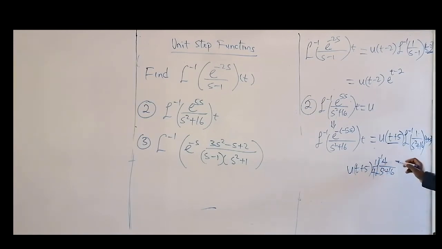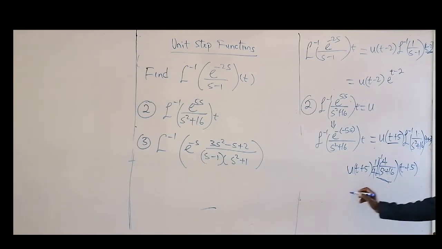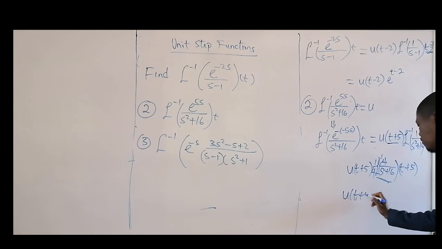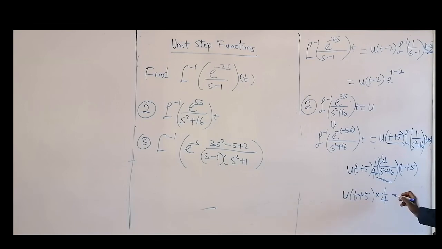And that will be equal to what? Don't forget the t plus 5. This t plus 5, we are not doing anything with it. It's just that anywhere you see your t from the inverse here, you substitute t for t plus 5. That will be equal to u of t plus 5 times 1 over 4, times sine 4t.